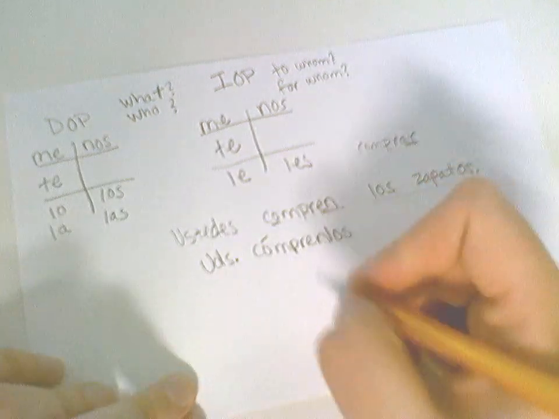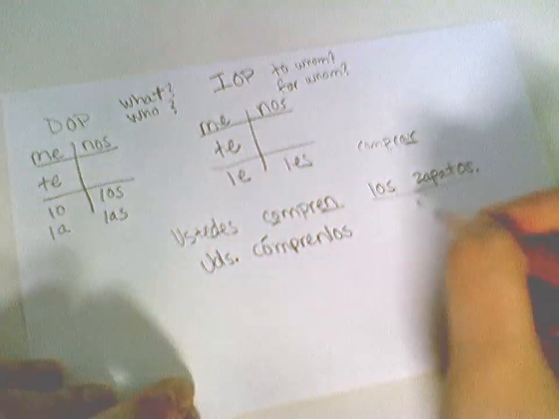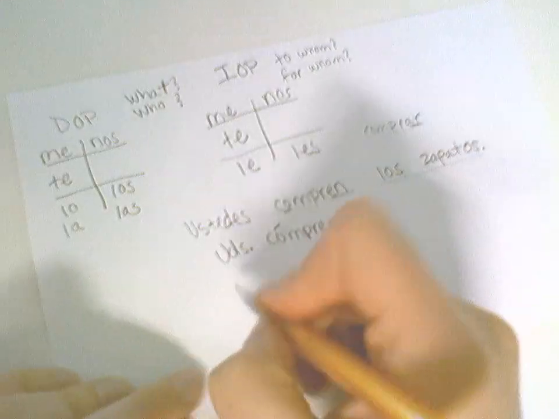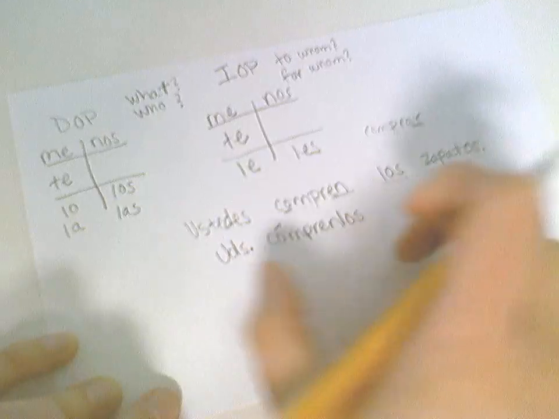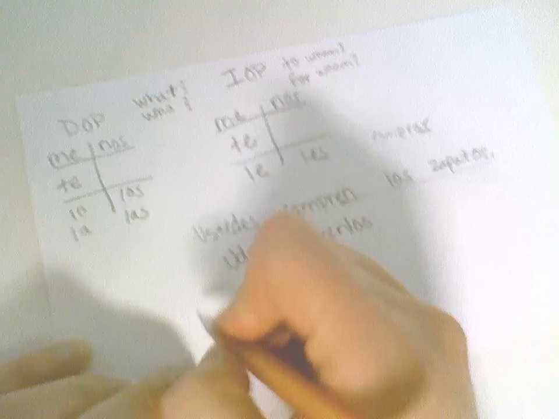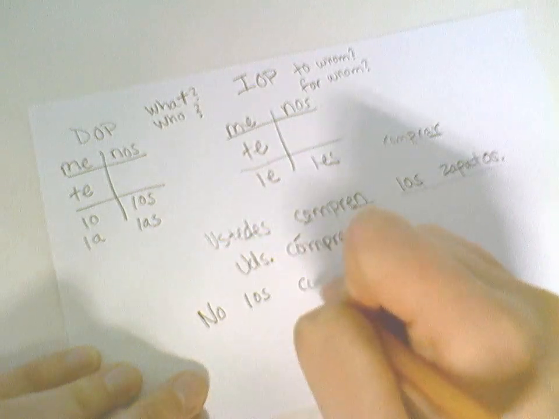Now, what I wanted to show you with the negative commands, so telling someone not to do something and using your pronouns, this will make it that you break up your verb and your pronoun. So I would go to no los compren.